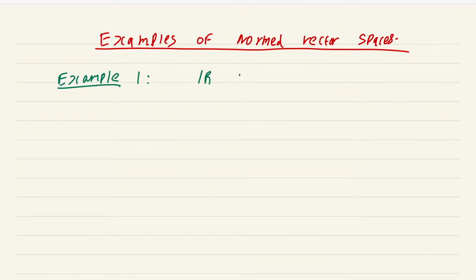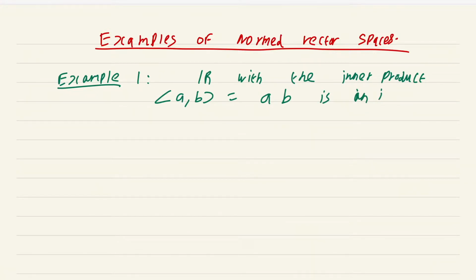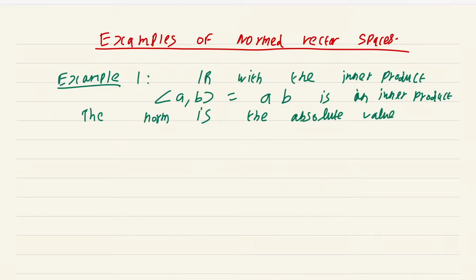Example 1, R with the inner product ab is just a multiplied by b is an inner product, and the associated norm, the norm is the absolute value. No shocker here. This is the simplest and most basic example of an inner product space and the associated norm.